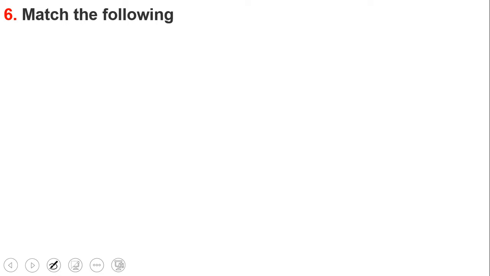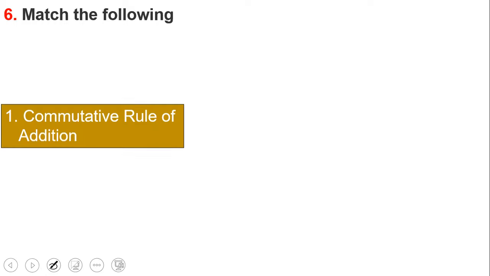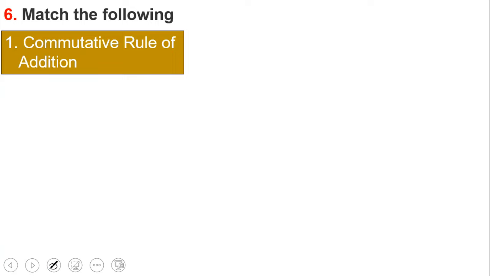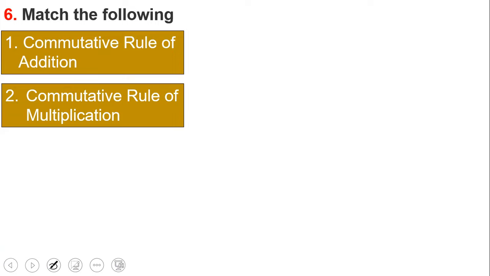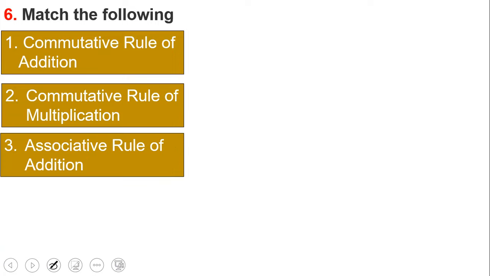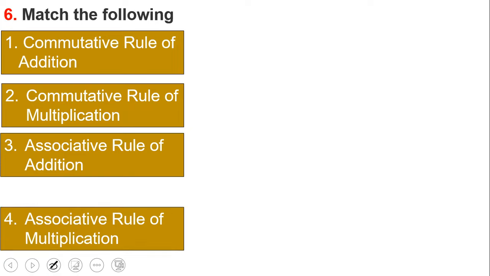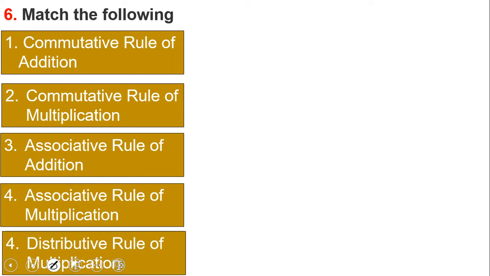Now one more objective type example we see. Match the following. Okay, so on the left hand side we list out the basic rules of algebra, and on the right hand side their answers. Okay, so let us see. Commutative rule of addition, commutative rule of multiplication, associative rule of addition, associative rule of multiplication, and distributive rule of multiplication.